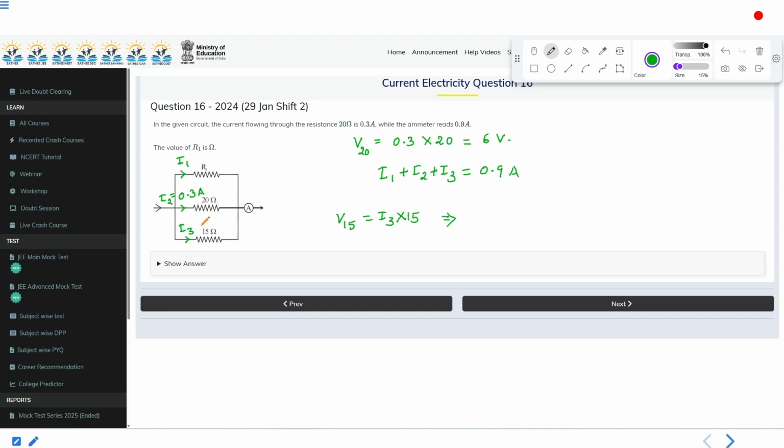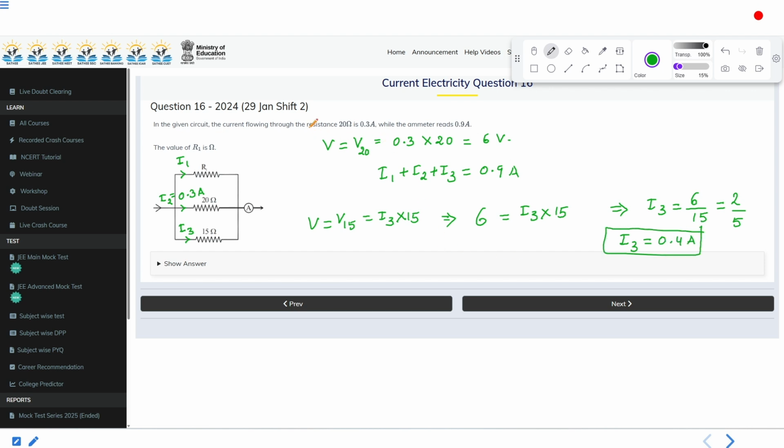We know that the potential difference across all the resistors is the same, that is V, which is equal to V20, V15 and VR1, and we have calculated it as 6 volt. So 6 volt is equal to I3 into 15 ohm. So I3 will become 6 by 15, that is 2 by 5, which means I3 is 0.4 ampere.